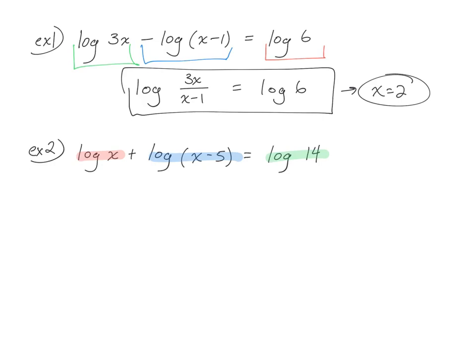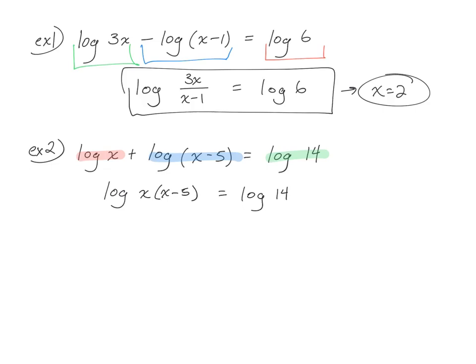On the right side, there's only one log, so we can't condense anything over there. But on the left side, we have 2 logs: log of x plus log of x minus 5. With that, we can use the product rule to show that the left side will end up being log of x times x minus 5 equals log of 14.